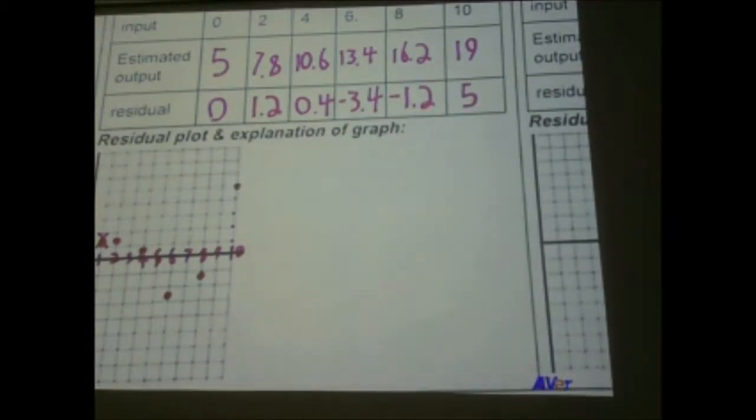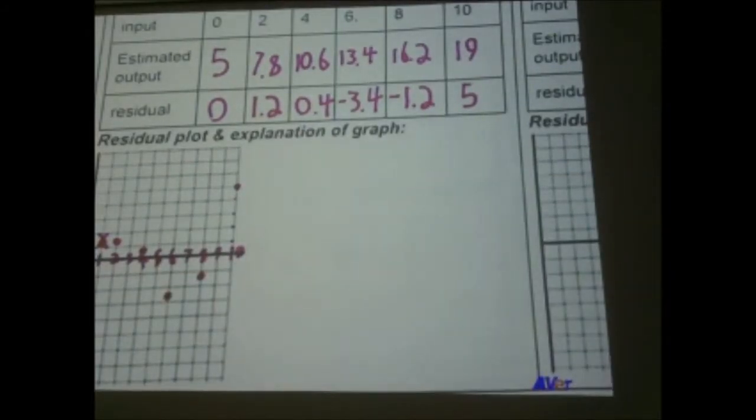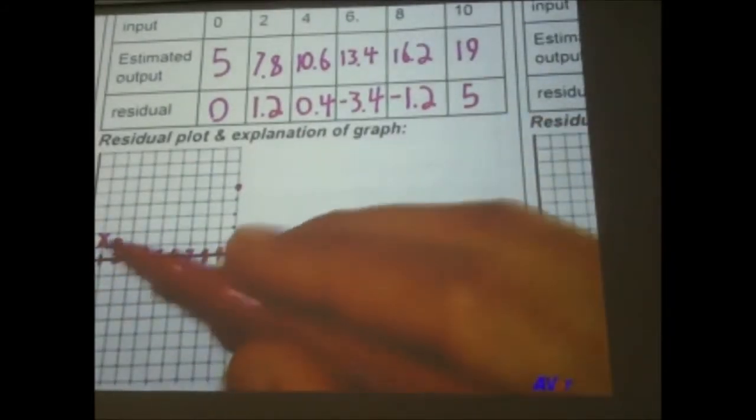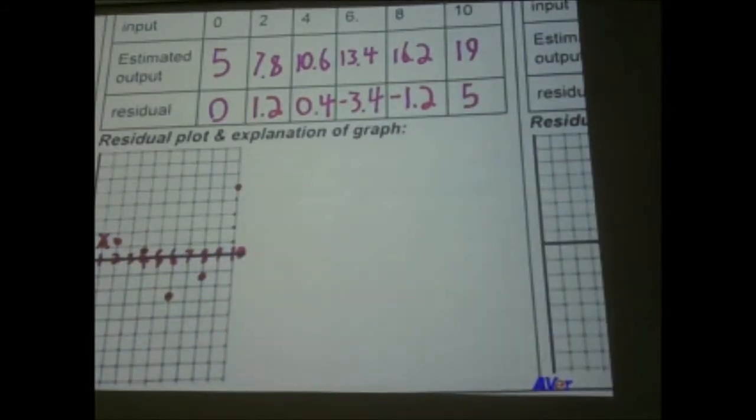So as you can see, there's no pattern in our residual plot. It's not a straight line, right? The points go all over the place. That's a good thing.